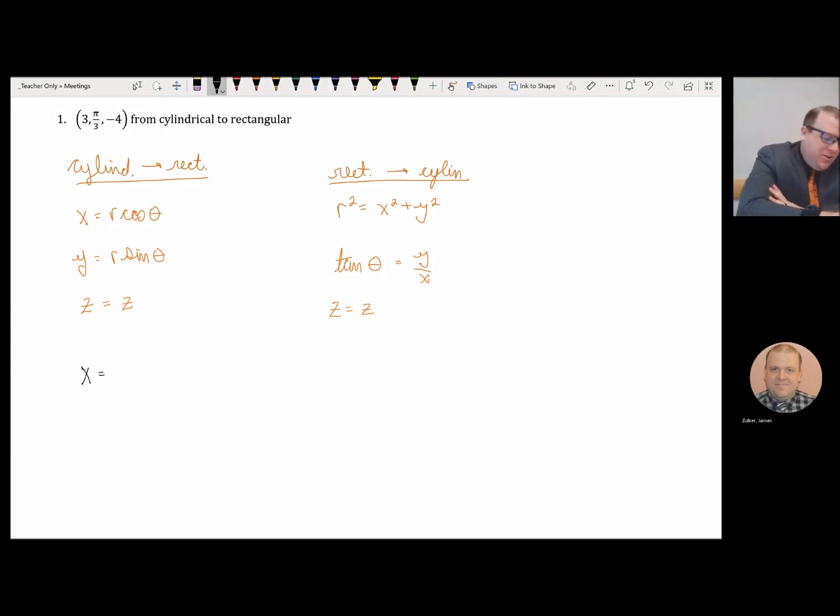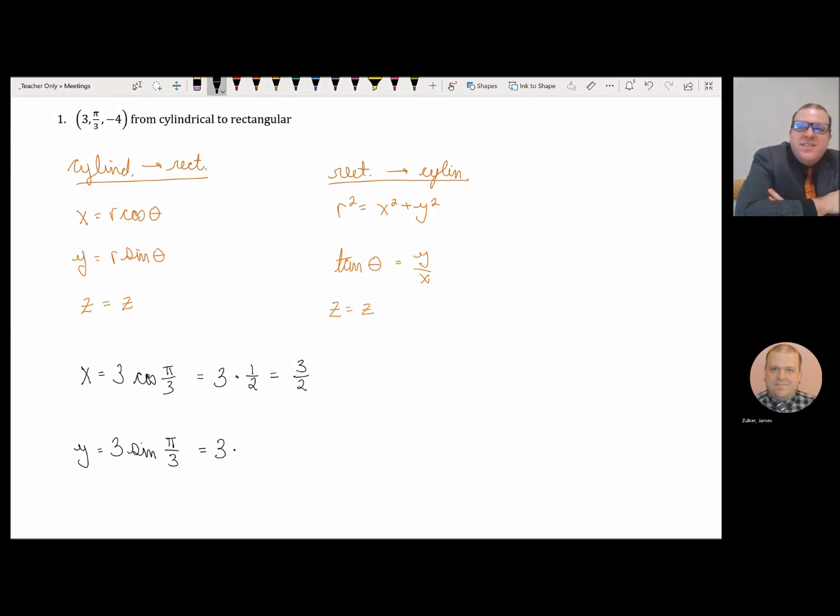X equals R times cosine of theta. What's cosine of pi over 3? It's a half. Y equals R sine theta.